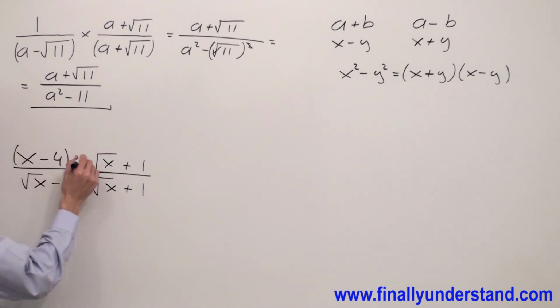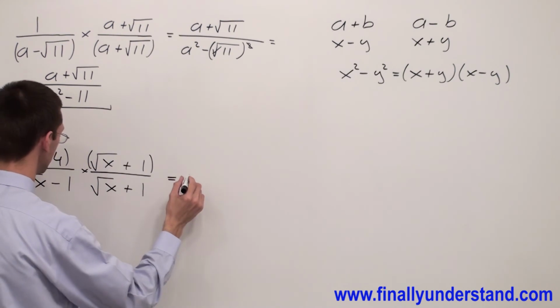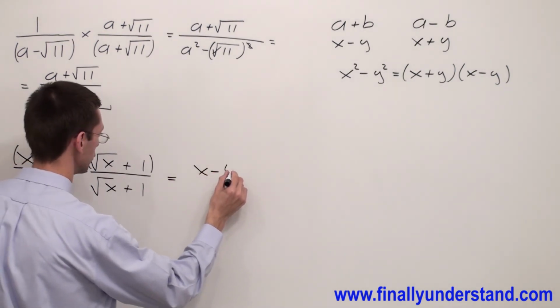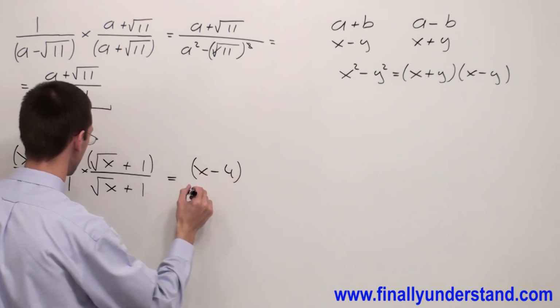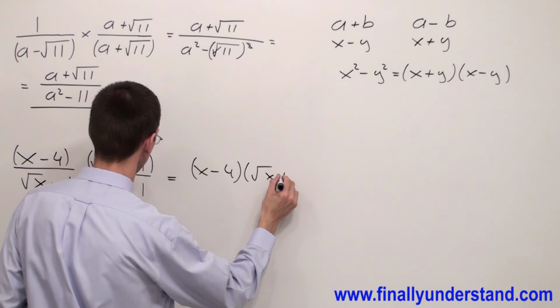Anytime we multiply fractions, we have to multiply numerator by numerator and denominator by the denominator. That's why I'm going to have in the numerator x minus 4 times square root of x plus 1.